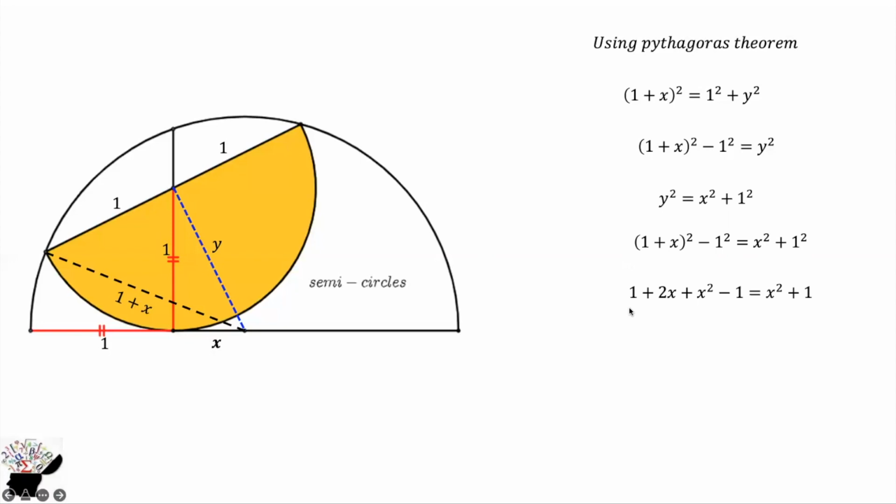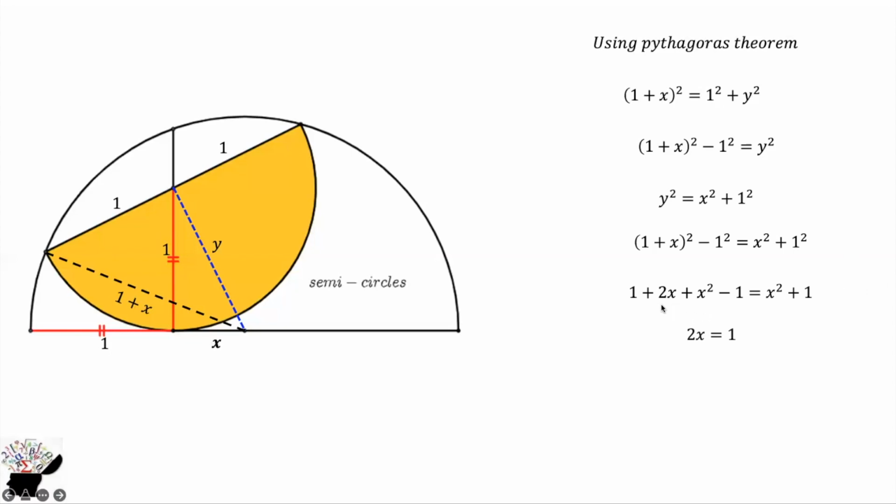So we can expand the bracket. We are going to get 1 plus 2x plus x squared minus 1 is equal to x squared plus 1. So now we can subtract both sides by x squared, right? So this will cancel this. And also this one, we can subtract 1 from both sides. This one will also cancel this.